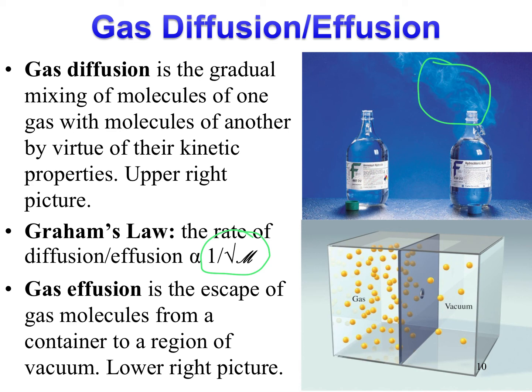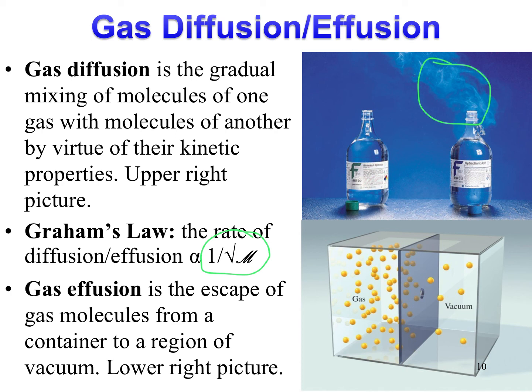In the reaction of ammonia and hydrogen chloride, the hydrogen chloride moves slower because it has a greater mass, 36.46 grams per mole, than the ammonia, 17.04 grams per mole.